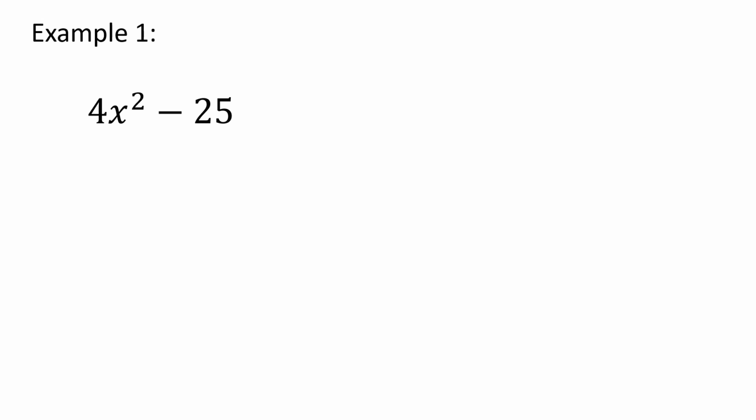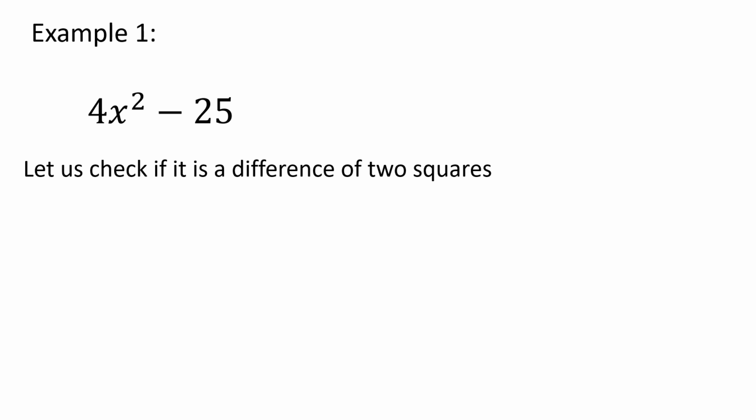Okay, so let's proceed to example number 1. So we have here 4x squared minus 25. Then let us check if it is a difference of two squares. So first, you take the square root of the first term and you take the square root of the last term. If you can extract their square root without any decimal, or if it comes up with a whole number, therefore, that is a perfect square, or that is a difference of two squares.